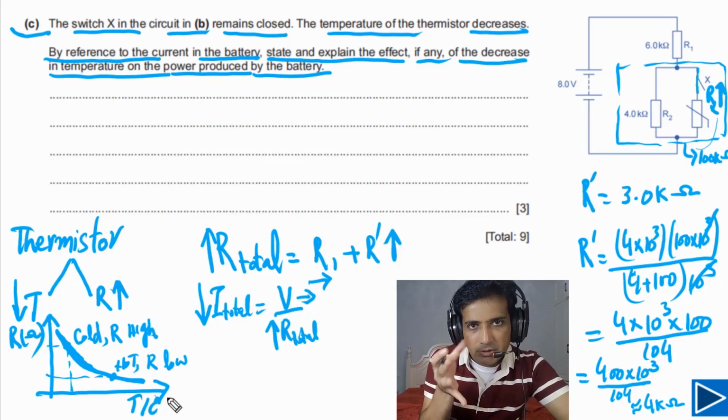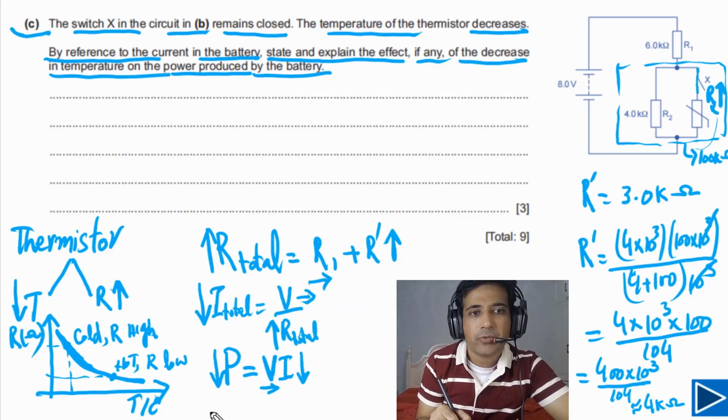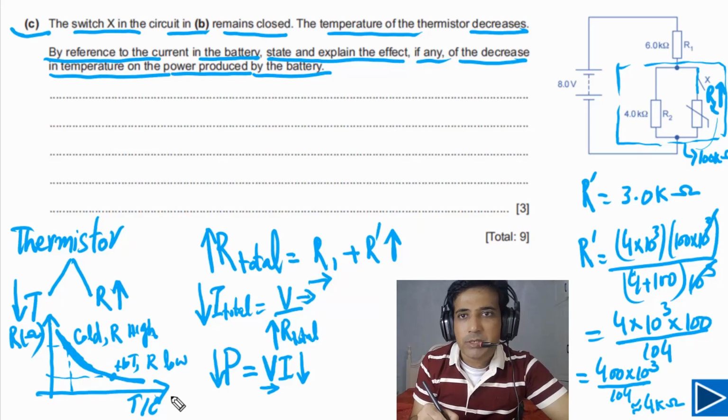If current in the battery decreases, how about the power produced by the battery? Power produced by the battery is equal to the EMF of the power supply times I. So if I decreases, and the EMF remains constant, it means the power produced by the battery decreases. This question has 3 marks.